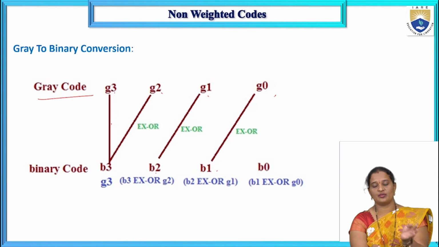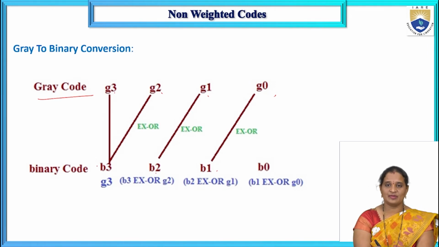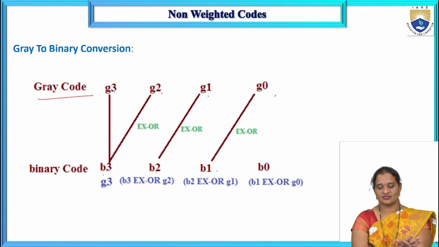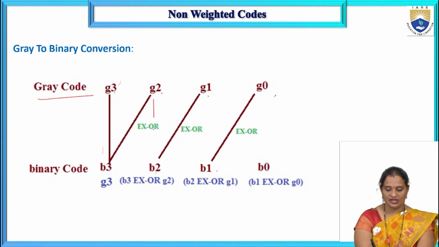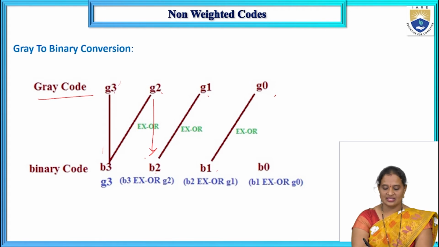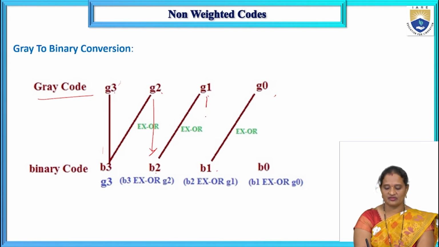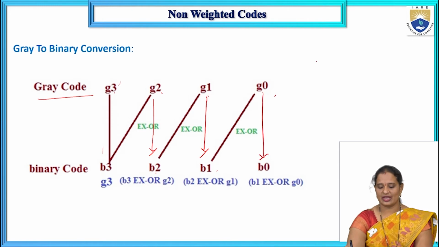Here also we are performing the XOR operation, but in a different fashion. The MSB in both cases is the same. So the MSB of the gray code is taken as the MSB of the binary code, whereas B3 XOR G2 will give you B2. Similarly, B2 XOR G1 will give you B1, and B1 XOR G0 will give you B0. So that means I can write B3 is equal to G3.